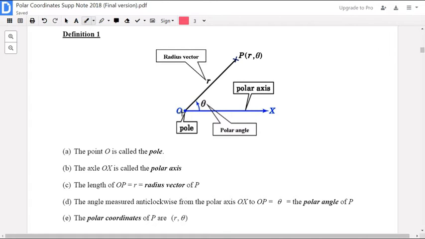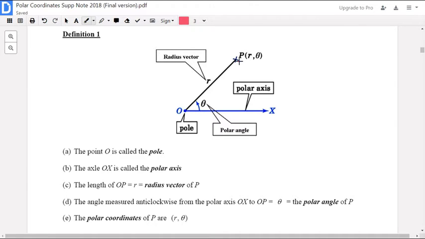Now the angle arrives at an arm OP. Suppose the length of OP is r, then r is the radius. The length of OP is the radius vector of P, as shown in the figure.